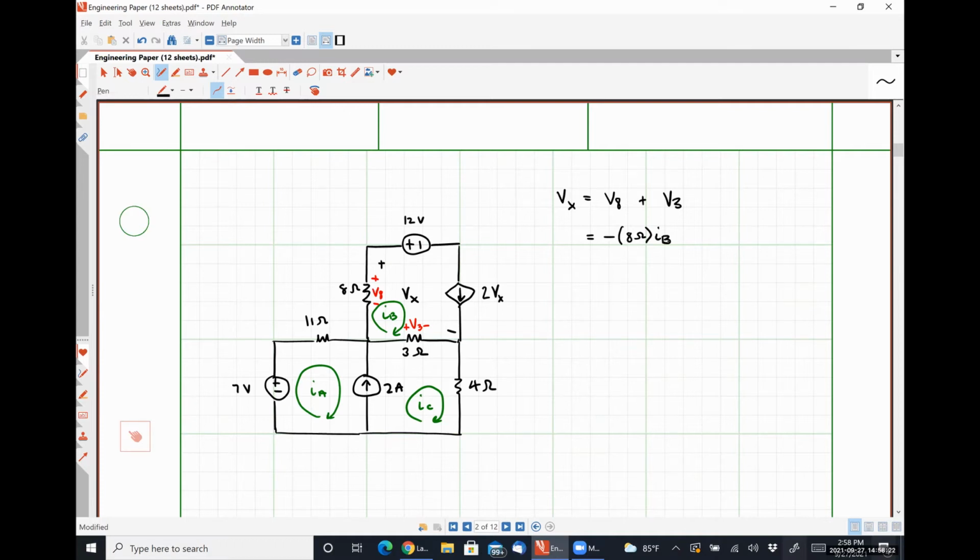Now, how do I express that voltage V3 in terms of my mesh currents? So negative 3 times IB minus IC, or positive 3 times IC minus IB. Either way works for me.